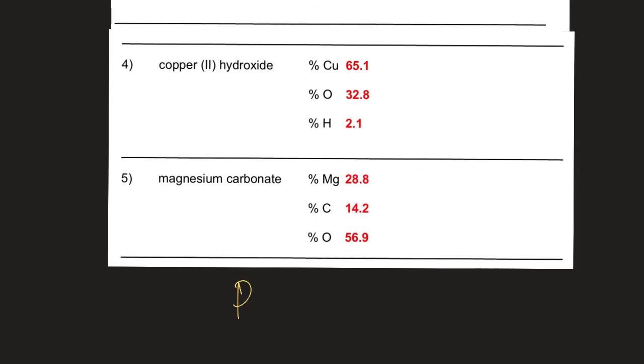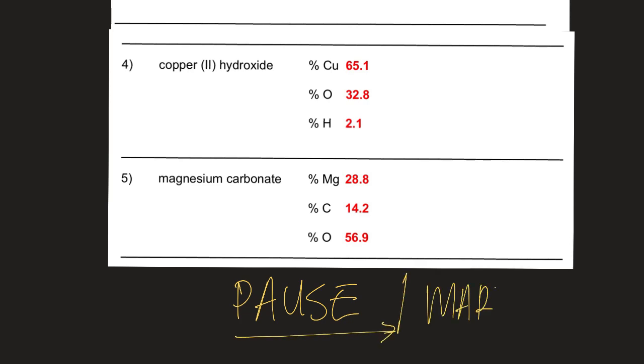So what you need to do now is pause the video, do the exercise, mark your work. Okay? If you don't understand something, you send me a message on Teams and I will try and help you out. Alright, so please do that before you move further into this video.